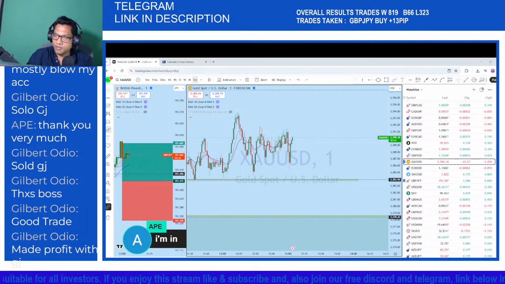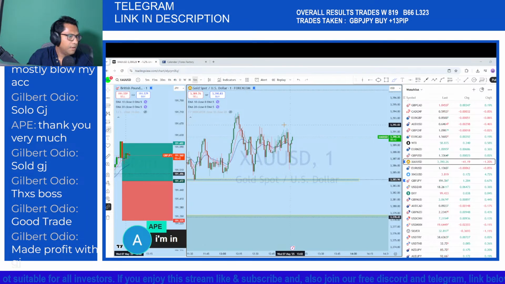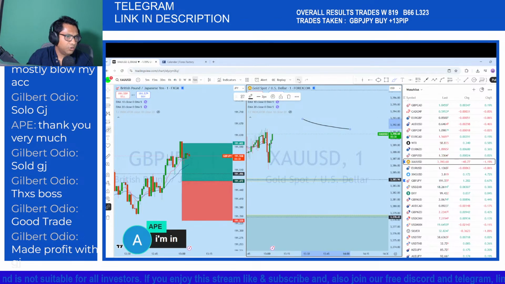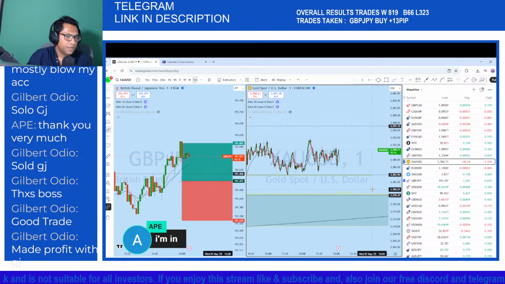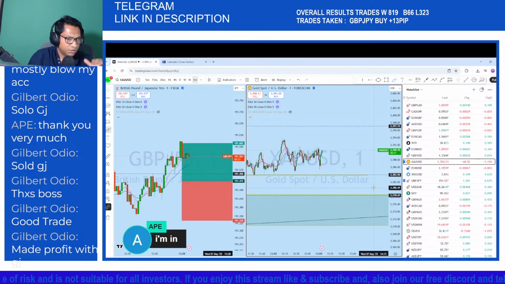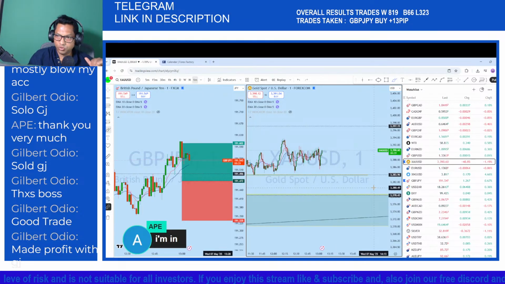The key here is to make sure that we are trading with the trend, and trading with the trend is the most effective way to trade the market always.